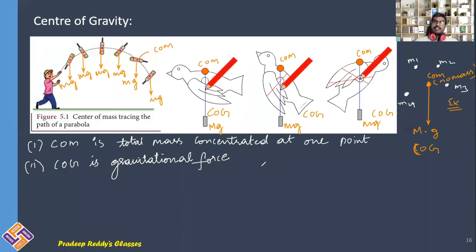Center of gravity is the gravitational force acting on the center of mass of the object, of the system.